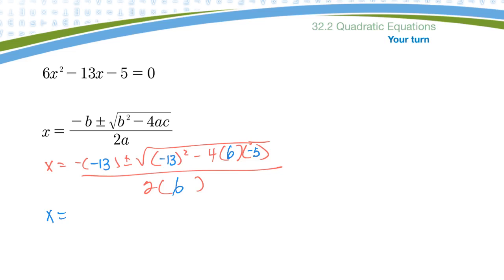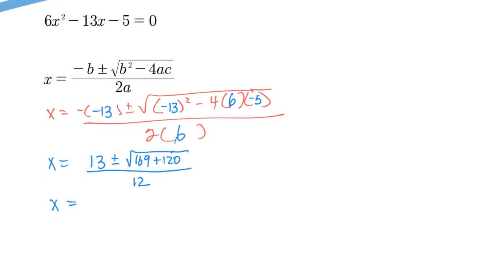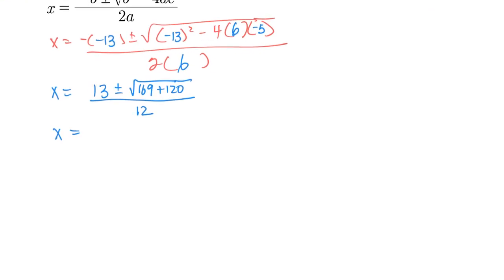Okay, so minus negative 13 would be positive 13, plus or minus, square root. Negative 13 squared is a positive 169. Negative 4 times 6 times negative 5, I think, is positive 120. All over 2 times 6 is 12. So x is equal to 13 plus or minus the square root of 289 over 12.